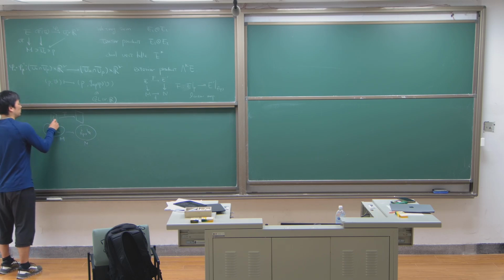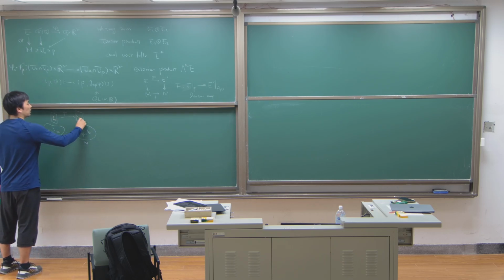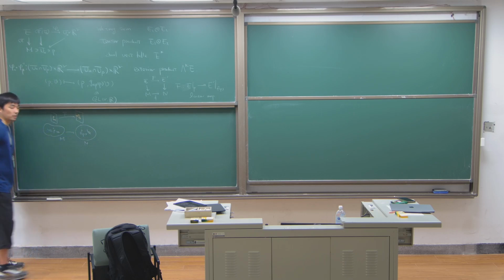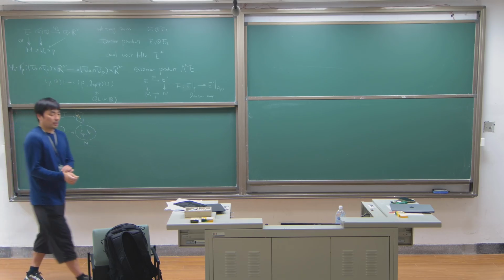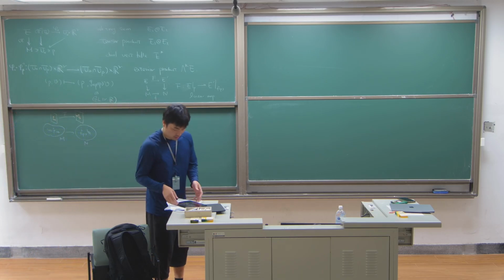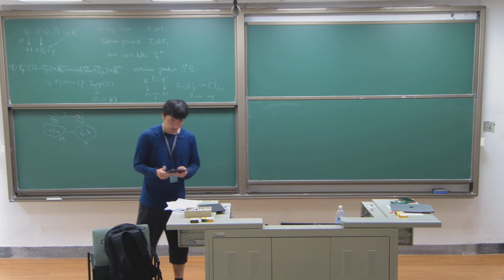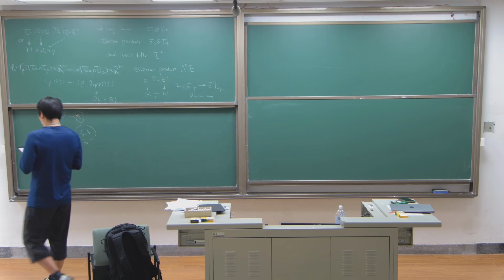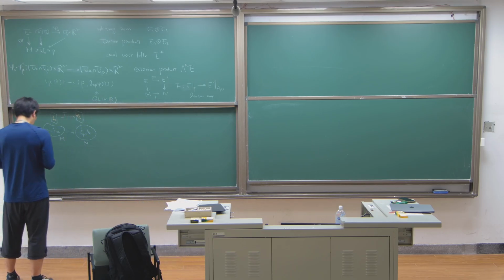So this plane is mapped to somewhat like this way by a linear map. Okay. So that's a bundle map.